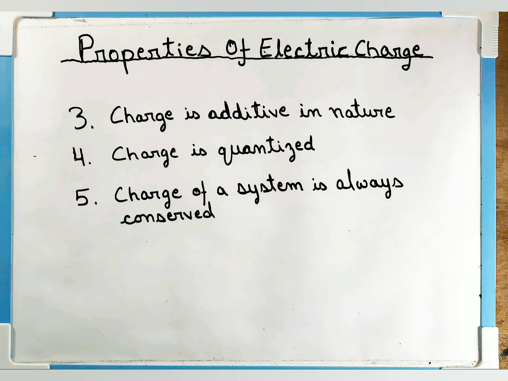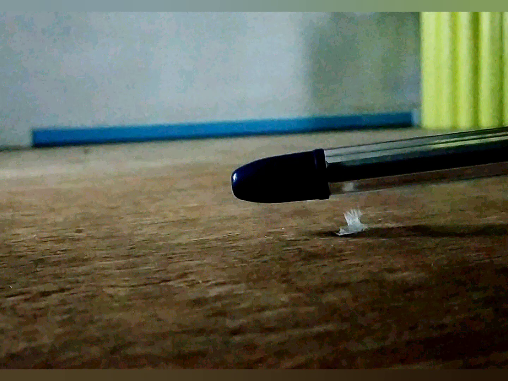Now, to understand these 3 properties of electric charge, I will take a plastic pen. This plastic pen is neutral, like most materials and most matter are.